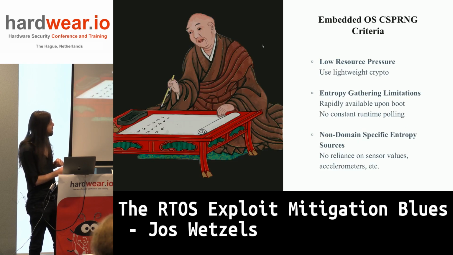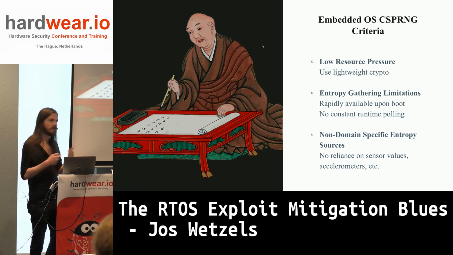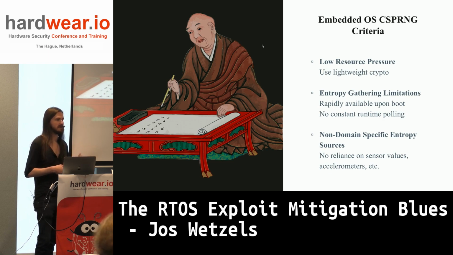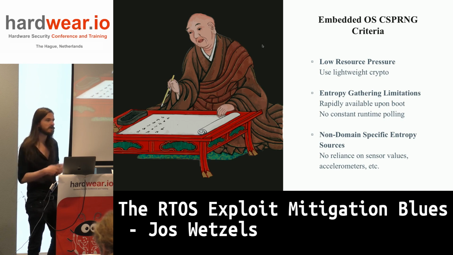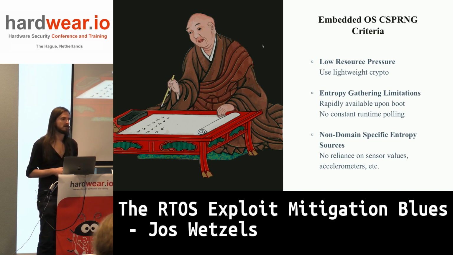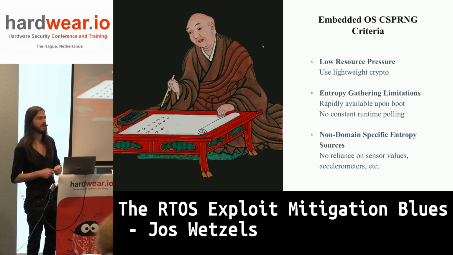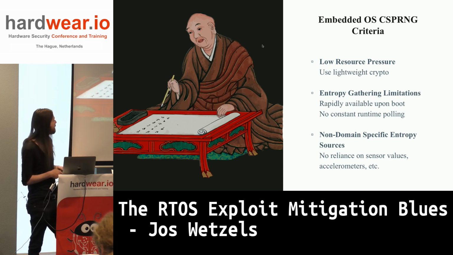Secondly, when it comes to secure random number generators, because those are so important and you can't really talk about mitigations without talking about secure random number generators, we have the same low resource pressure requirement. So use lightweight crypto. There are a lot of well-tested and understood primitives and schemes out there. So if you're concerned about that kind of stuff, use them. Also keep in mind entropy gathering limitations.